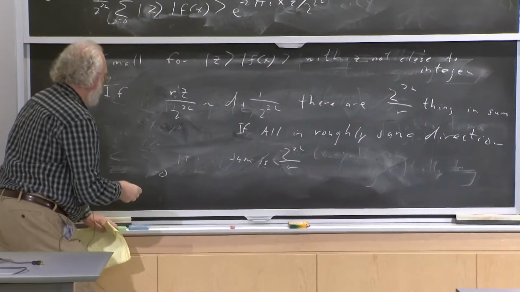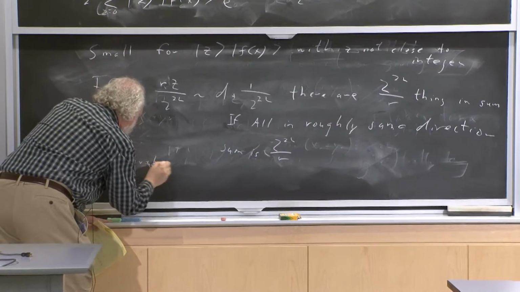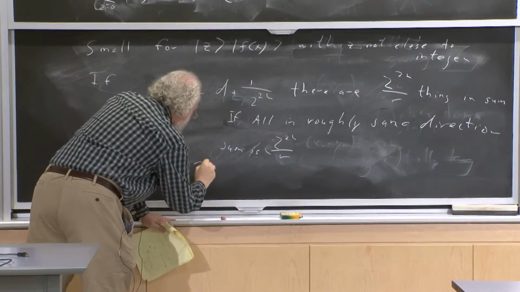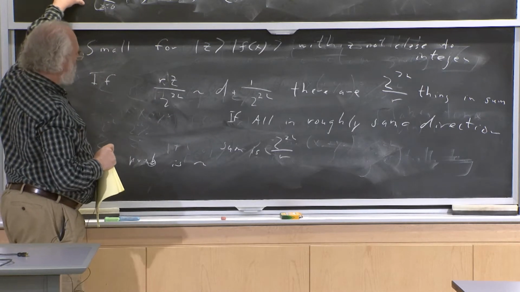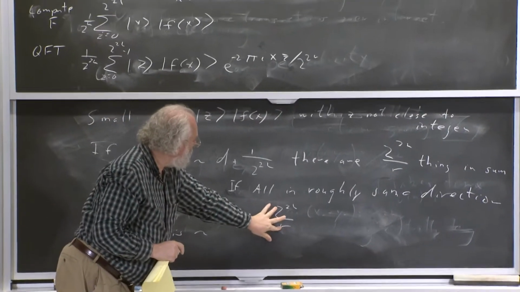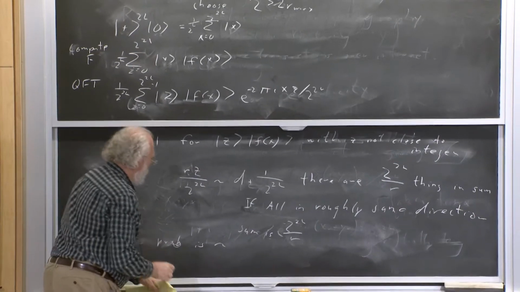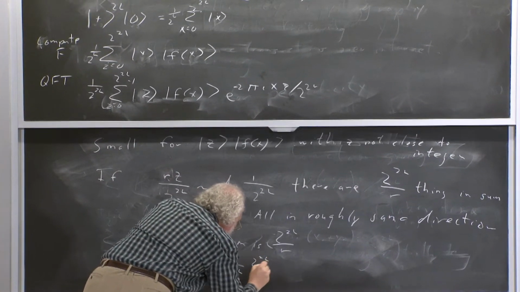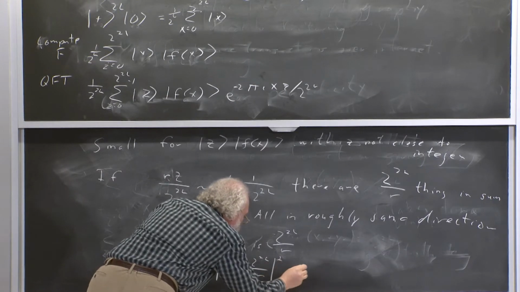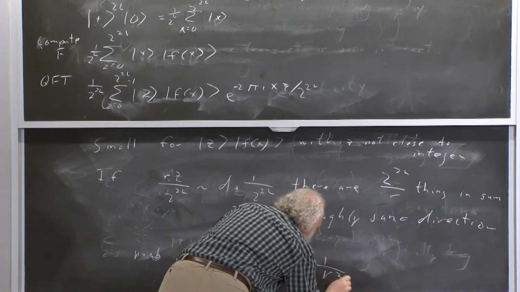So the probability is roughly, well, we take this, we multiply it by 2 to the 2L over r: 1 over 2 to the 2L, 2 to the 2L over r squared equals 1 over r squared.